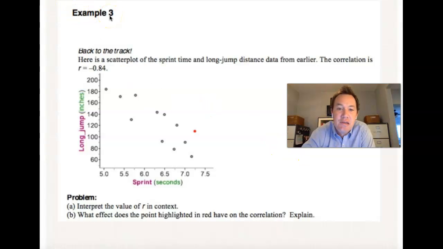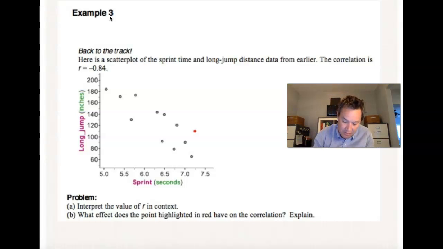All right, so in this example, we're given a scatter plot of the long jump data from earlier, and it tells us that the correlation is negative 0.84. Interpret the value of R in context. All right.